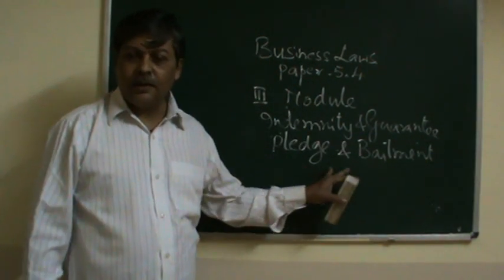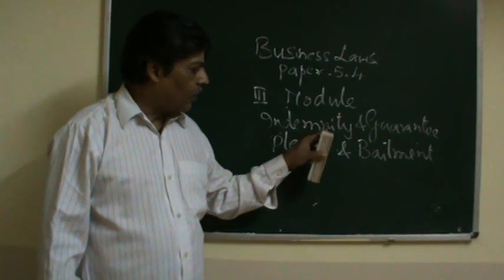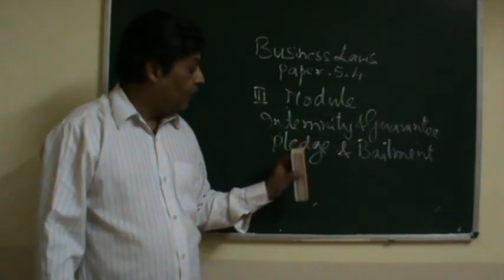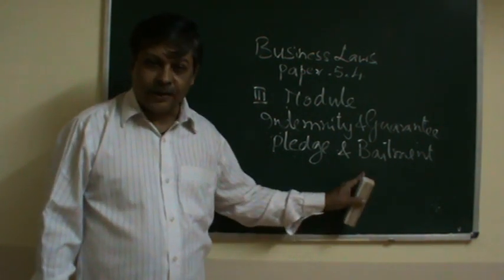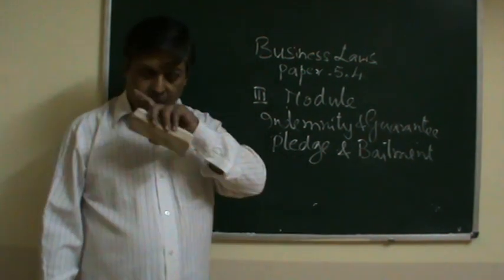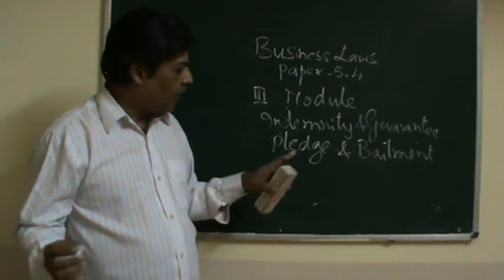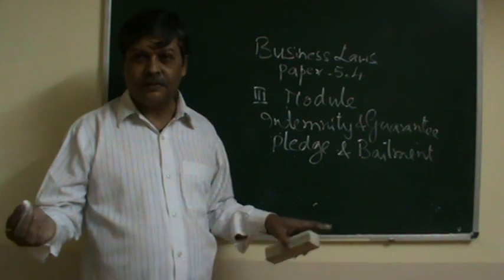So we have got another two contracts. The first is the contract of indemnity and the contract of guarantee, two contracts. Here also we have two contracts: the contract of pledge and the contract of bailment.